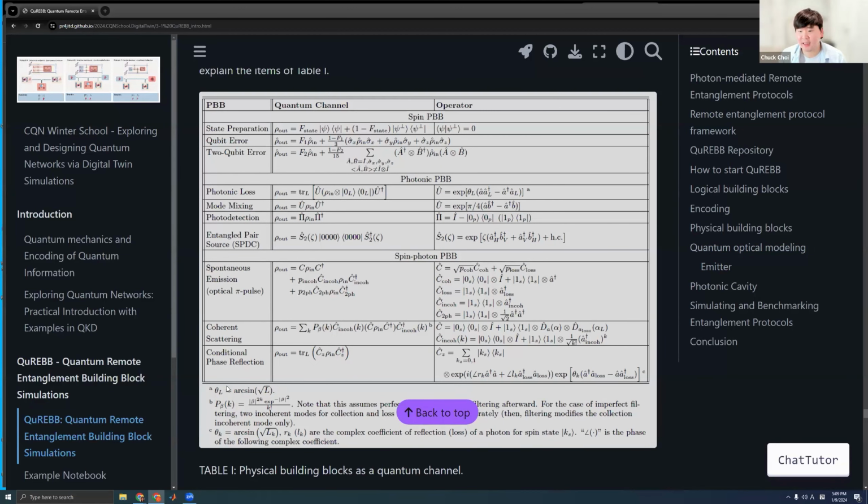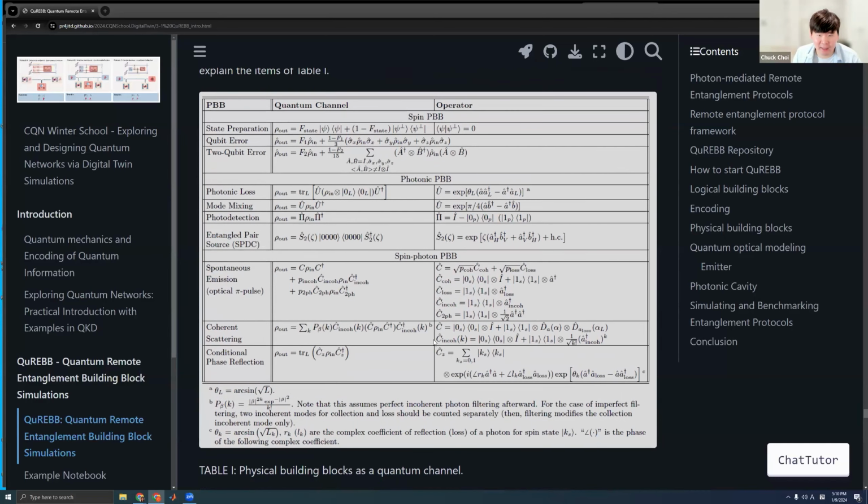You can just use it, but at the same time, if you are a quantum optics theorist who wants to consider an additional effect, our level of abstraction always depends on the approximation. For example, some of this modeling assumes only first order errors. If you want to identify the effect of second order errors, you can include those in your quantum channel description to actually see the effect of that.